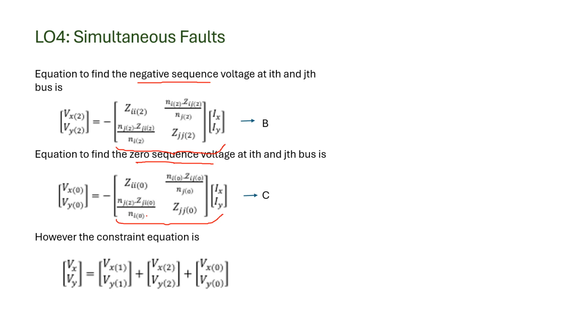But what is the constraint equation? We have already seen that the positive, negative and zero sequence networks are all connected in series. So we have to add this voltage. Here it is written: positive sequence voltage, negative sequence voltage and zero sequence voltage. They have to be added because they are in series connection.